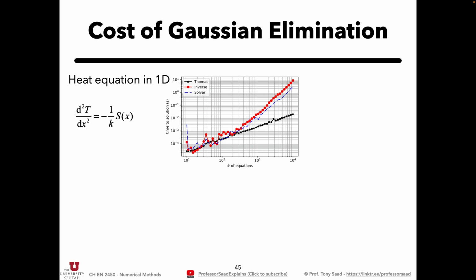And just measuring the cost of using Gaussian elimination or the built-in tools in Python. Forget the black curve over here. Focus on the red and the blue curves. Okay? So on the y-axis, you have time to solution in seconds. So 10 to the minus 4 seconds, 10 to the minus 2, 0.1, 1 second, 10 seconds, and so on, as a function of the number of equations or the number of points. So this is 10 points, 100 points, 1,000 points, 10,000 points, and look at the cost.